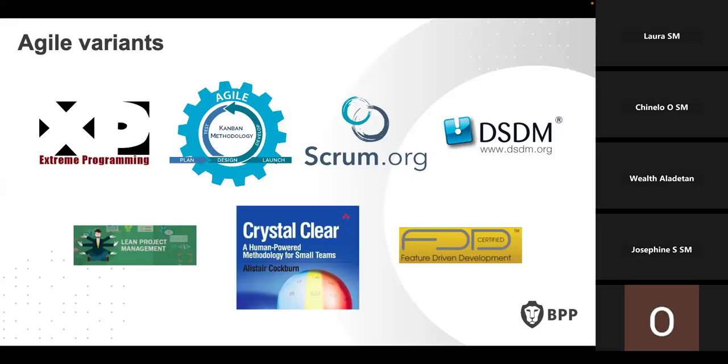Why I'm showing you this is I just need you to note them down and then do some research. When you research some of these things, a good way to get a clear definition of each one is to ask what's the difference between extreme programming, feature-driven development, lean project management, and agile Kanban methodology.